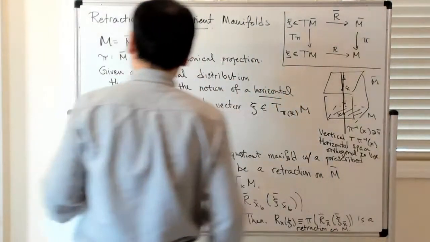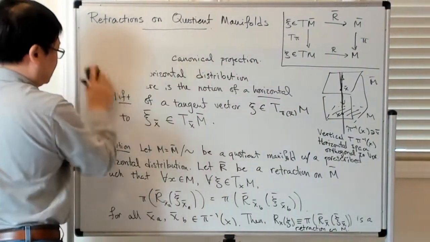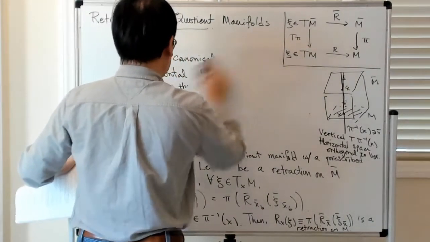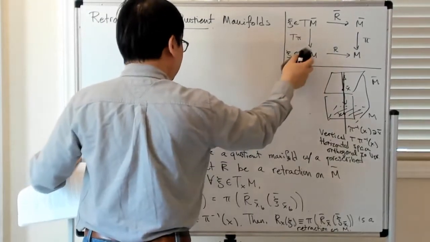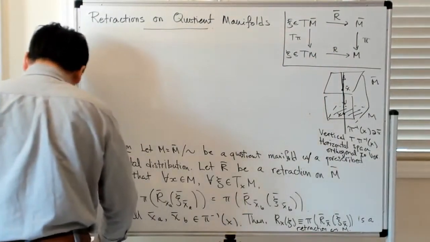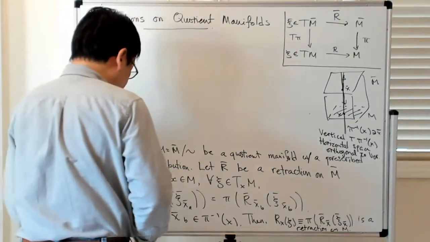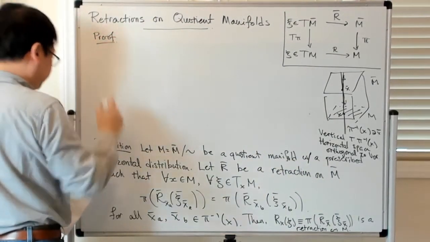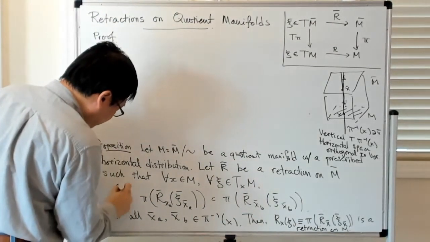So let me say a bit about the proof, but again, the essential thing to keep in mind is that this gives you a well-defined map. Okay. So the proof is that, let's call that equation star, right?